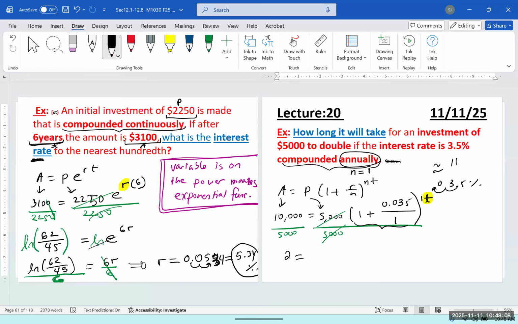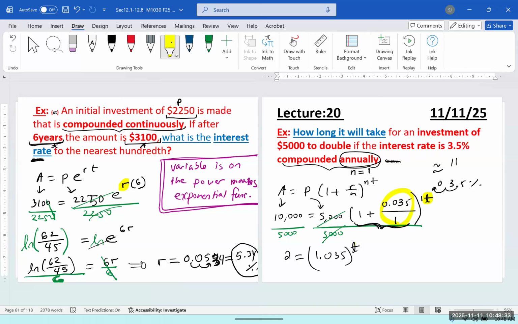And if you look at the inside, how much is the inside? 1.035. So 1 plus 0.035 is 1.035, raised to the power t, 1 times t.